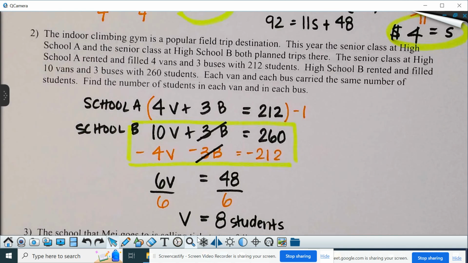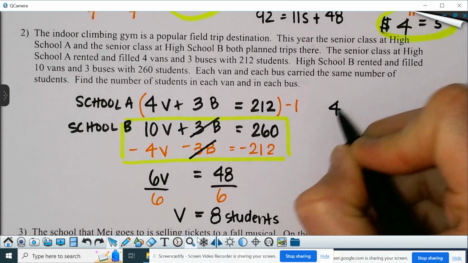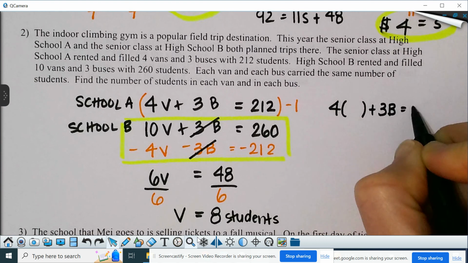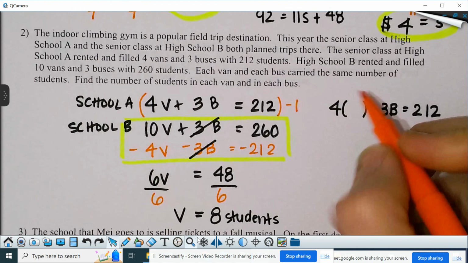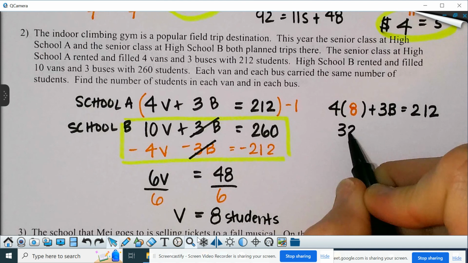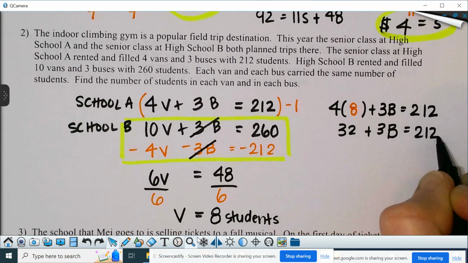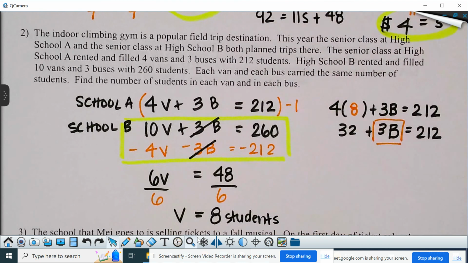And now if I have 8 students in a van, I can figure out how many students I have in a bus. You can pick whichever equation. I'm going with the smaller one. So 4 times 8 plus 3b equals 212. So 4 times 8 is going to give us 32, plus 3b equals 212. You want to solve for 3b. I'm going to pause for a minute and see if you guys can solve for 3b and just come back and give you the answer.